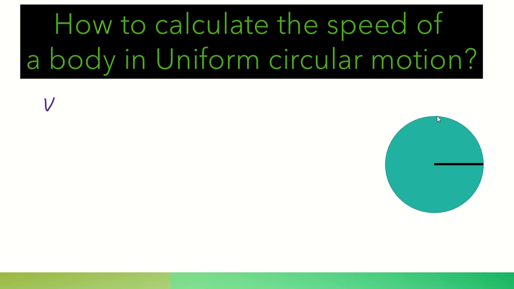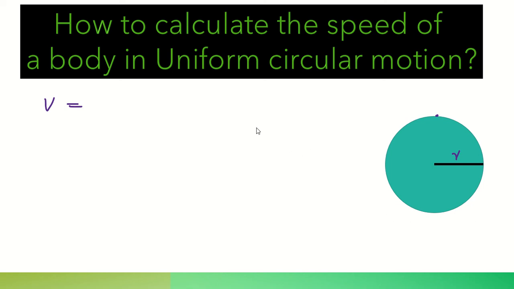If an object starts from this position, covers the path completely and comes back to the same position, and the radius of the circular path is r, how much distance is it covering? The object is covering a distance equal to the circumference of this circular path.